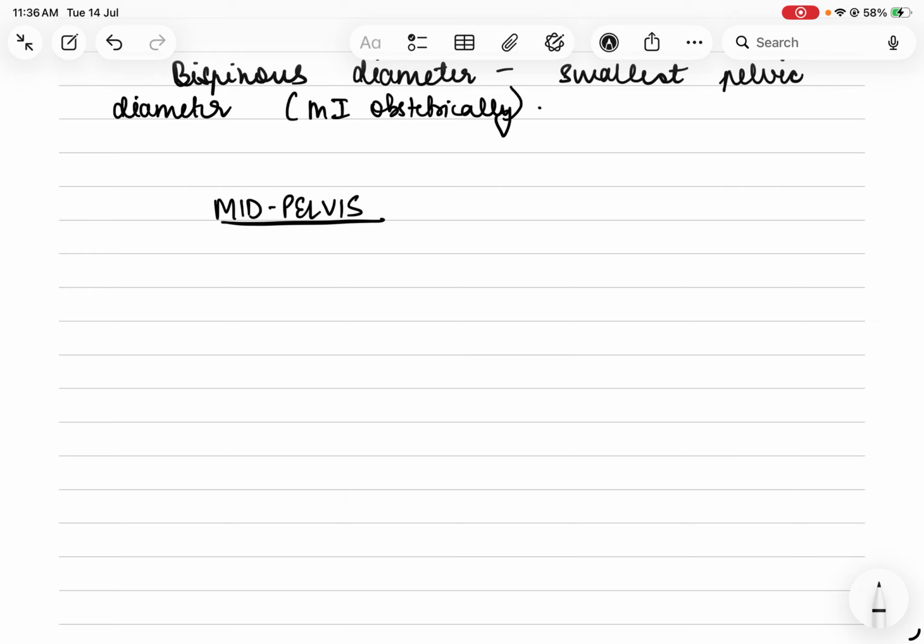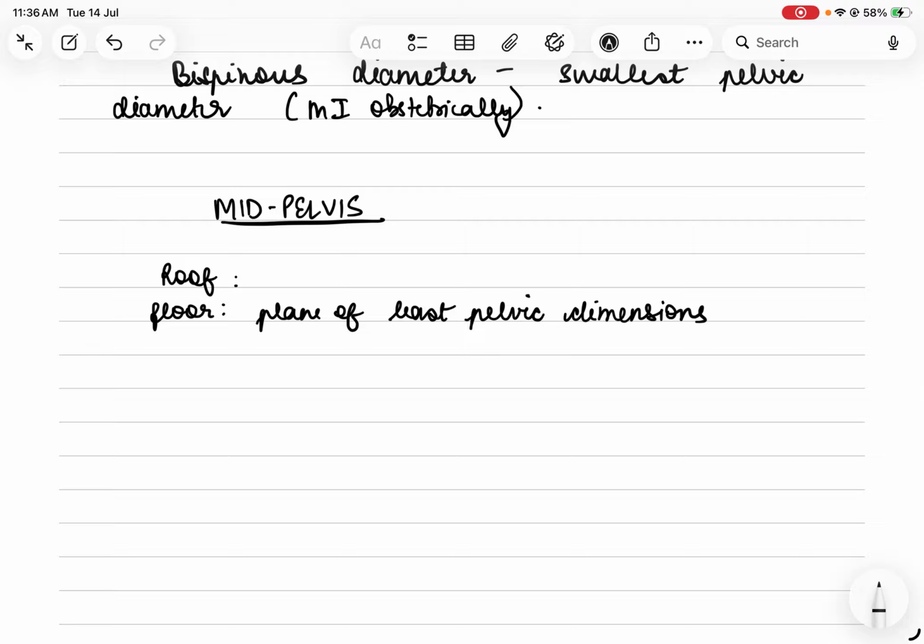See, the roof and floor: the floor is the plane of least pelvic dimensions, and the roof is the plane of greatest pelvic dimensions.